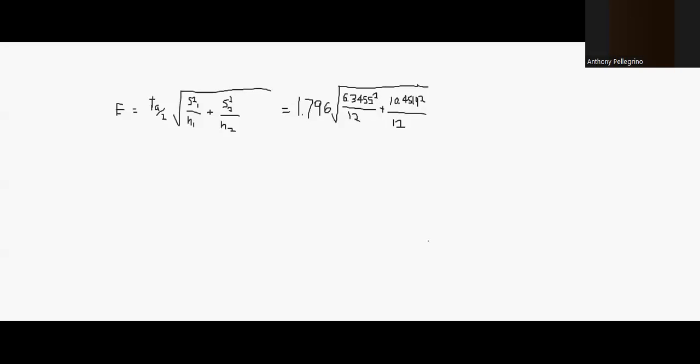t alpha/2 times the square root of s squared 1 divided by n1 plus s squared 2 divided by n2. So that would equal 1.796 times the square root of 6.3455 squared divided by 12 plus 10.4519 squared divided by 12.